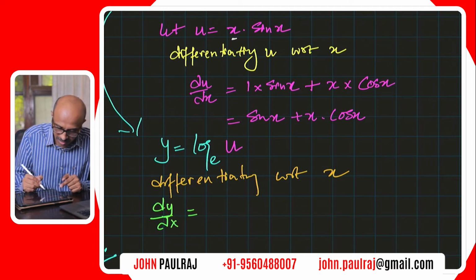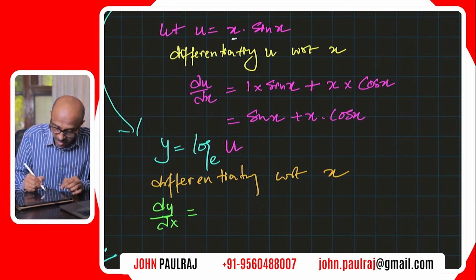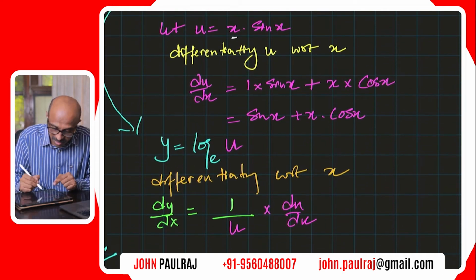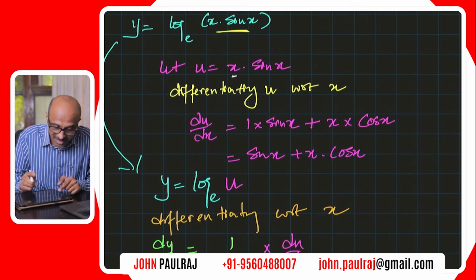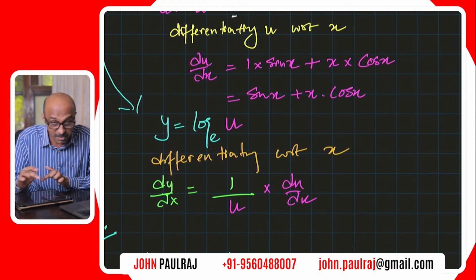On the right-hand side, it's the derivative of the natural log of u. You can directly say that's going to be 1 over u times du by dx. That's the chain rule. Why did we do that? Because it is 1 over u and u itself is a composite function, so it is 1 over u times du by dx.